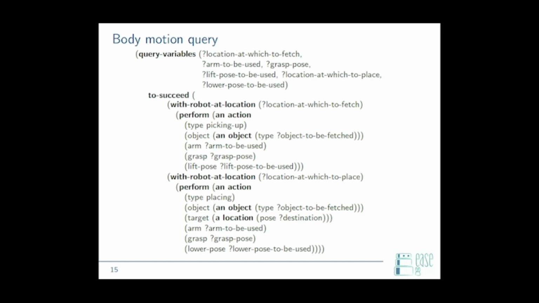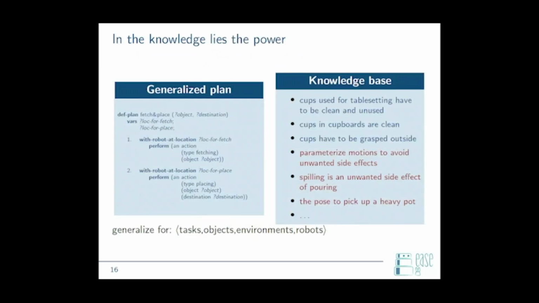So the basic idea, the basic game that we are playing, is that we believe that in the knowledge lies the power. So we are taking our generalized plan and we combine it with a knowledge base. And the knowledge base is a collection of knowledge items. And the knowledge items should be general. So they should be things like cups used for table setting have to be clean and unused.